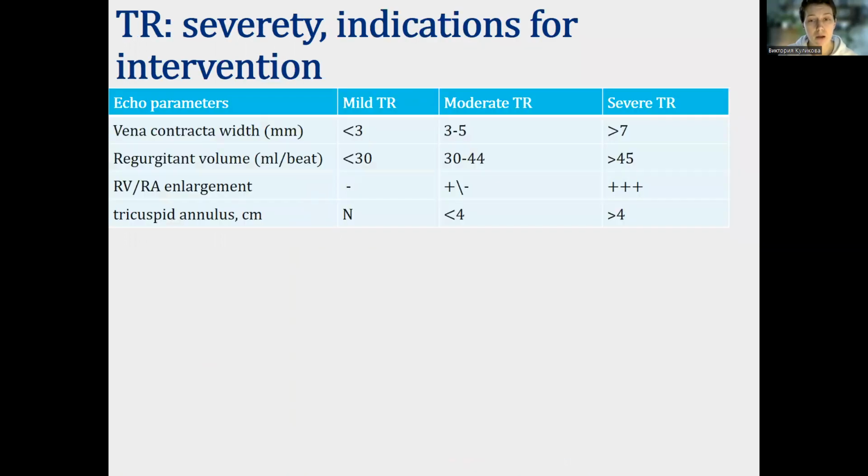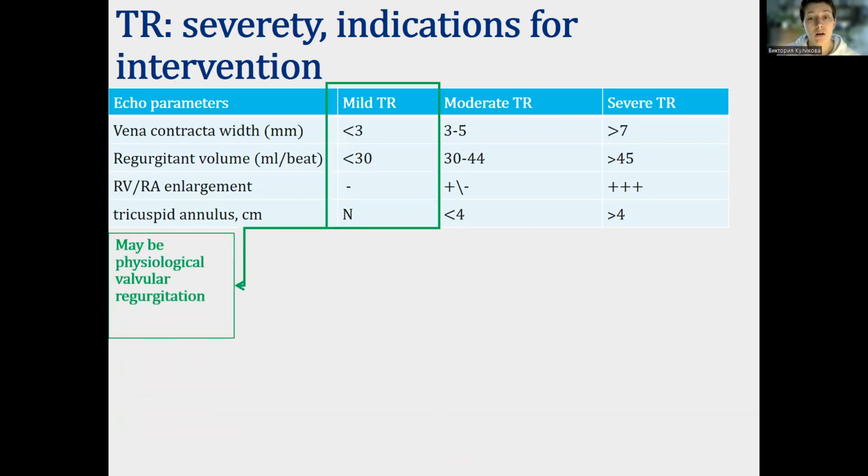There are mild, moderate, and severe tricuspid regurgitation grades. The main echo parameters are on the slide. Mild tricuspid regurgitation can be physiological valve regurgitation and has no indications for surgery.